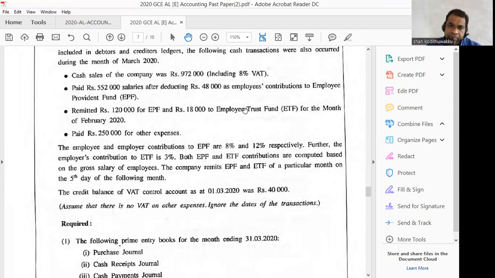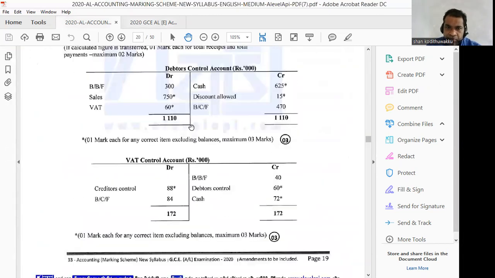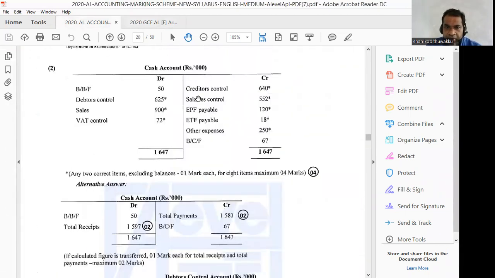There can be an ETF payable account with an opening balance, a credit liability at the beginning. As they have mentioned, remitted. ETF payable account debit and credit to cash as they have paid in cash. Here you can credit cash 18,000 as a decrease concept.